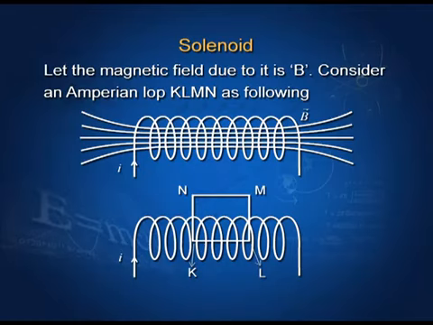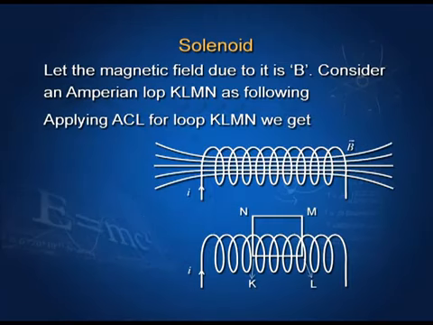Consider an Amperian loop KLMN as shown in the diagram. Applying Ampere's circuital law for the loop KLMN, the line integration of the magnetic field B dot dl over the loop KLMN can be split as integration K to L B dot dl plus L to M B dot dl plus M to N B dot dl plus N to K B dot dl.